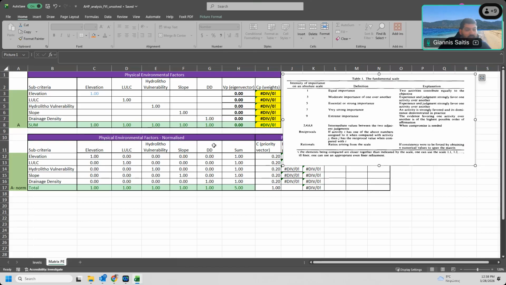I would go less than land use land cover, so it's not so much important. Another one? I would say 7, very strong importance. So the elevation is more important than the land use land cover.